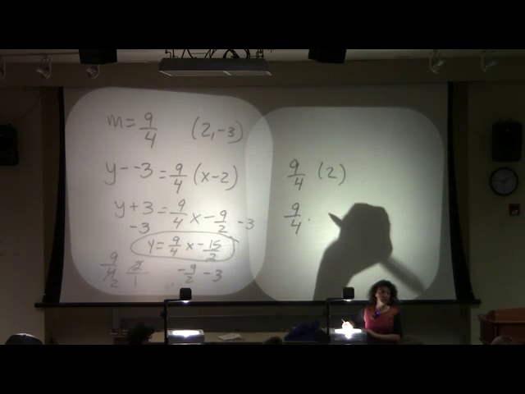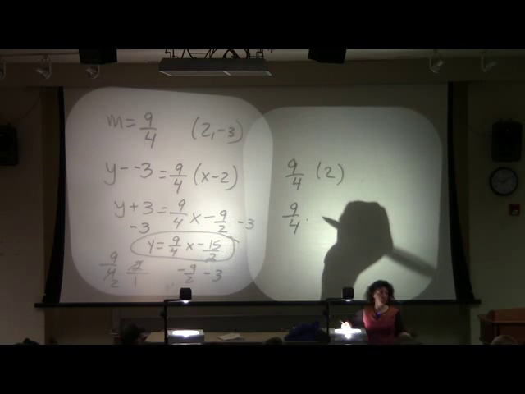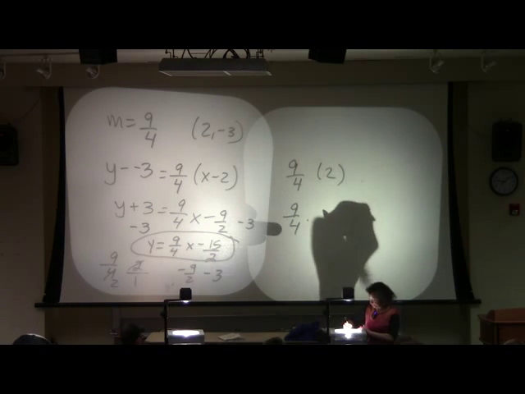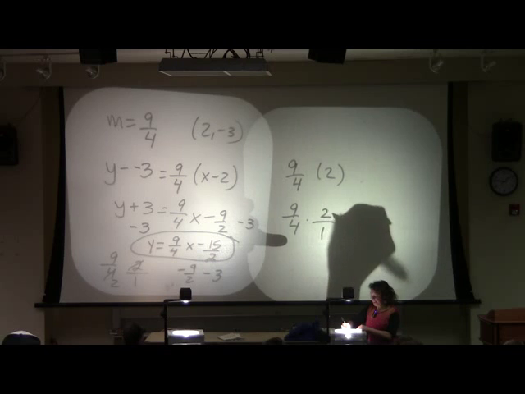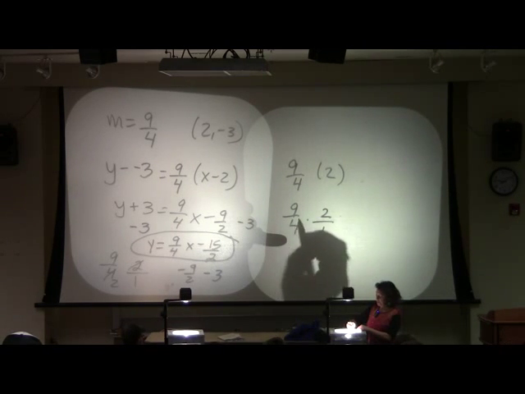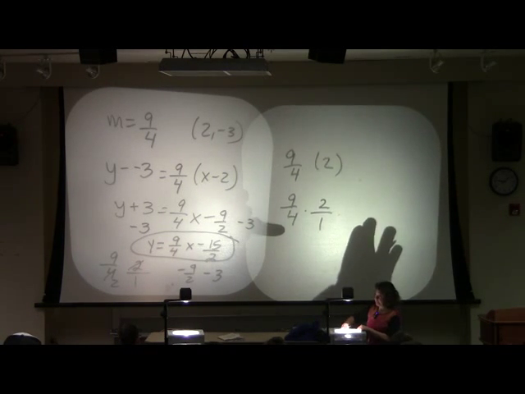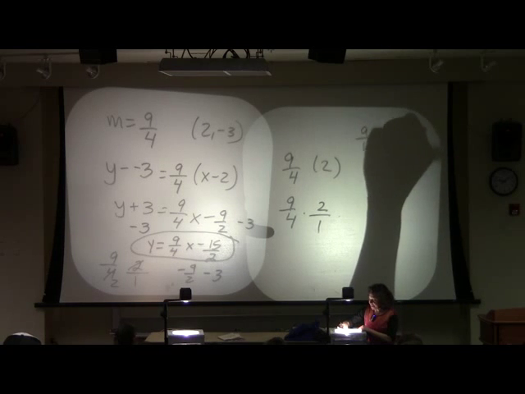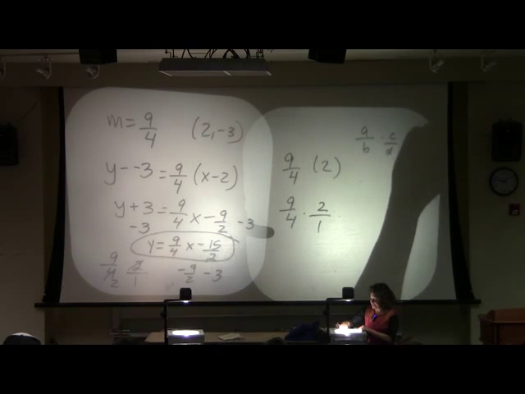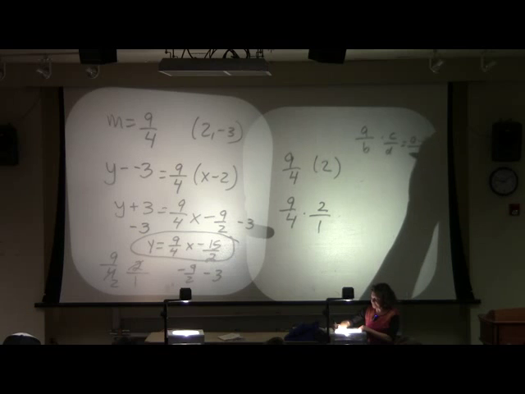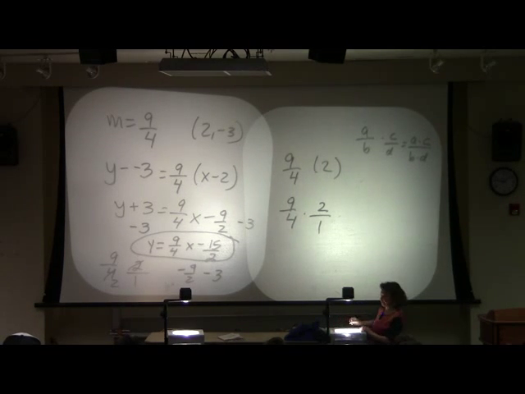You guys ask me these questions, because now I'll go through it, but in a couple weeks I won't. Isn't that the same thing as 9/4 times 2/1? Okay? Do you agree when you multiply two fractions, you multiply your numerators and you multiply your denominators? If you didn't before, you do now. A over b times c over d is equal to a times c over b times d.